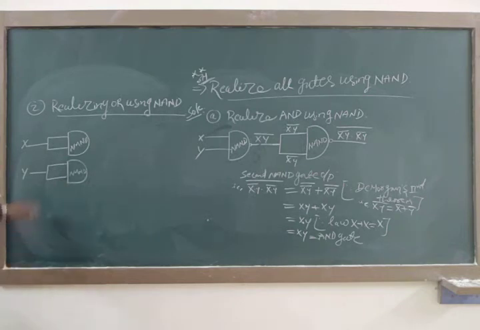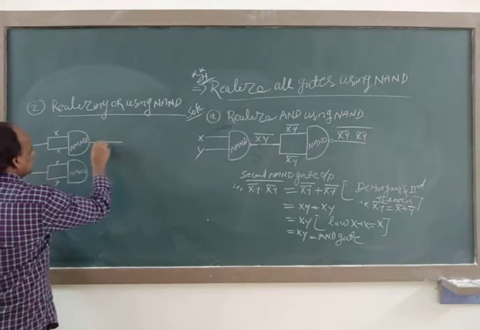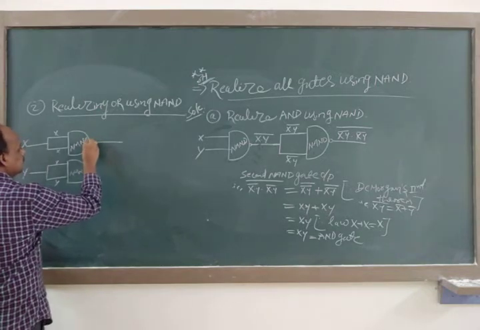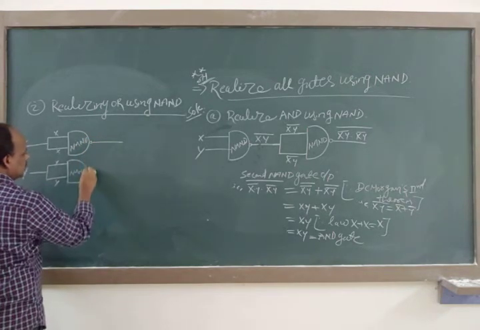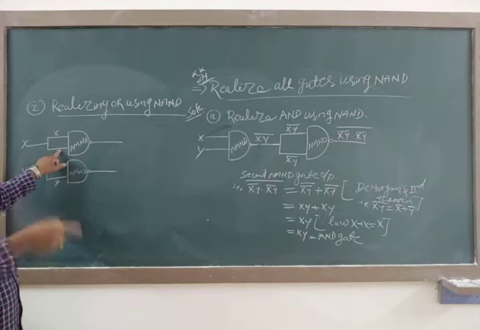What is happening? This x is passed this way as well as this way. This y is passed this way as well as this way. Then what result are we getting? NAND means a bubble is there. So x and y variables passed through a NAND gate give x into y whole bar.